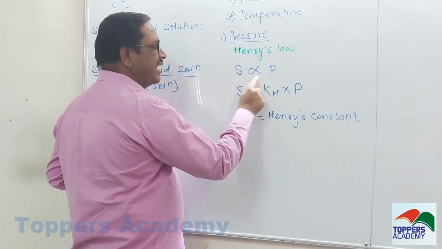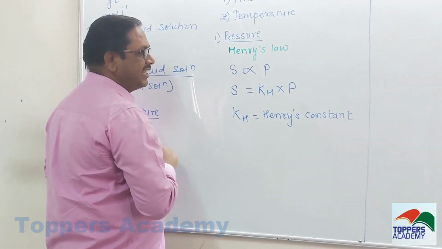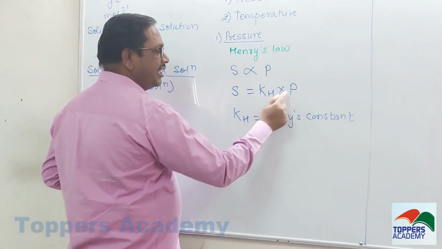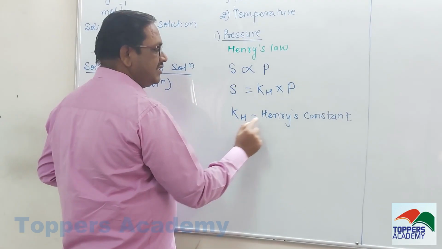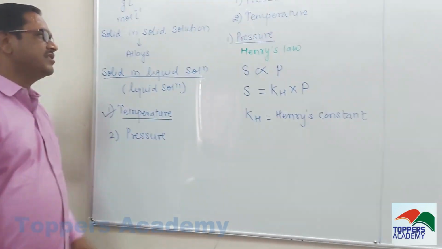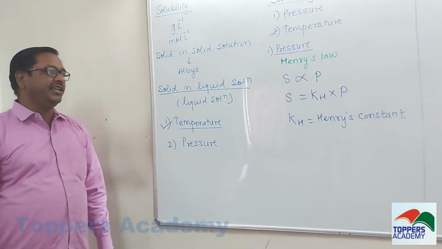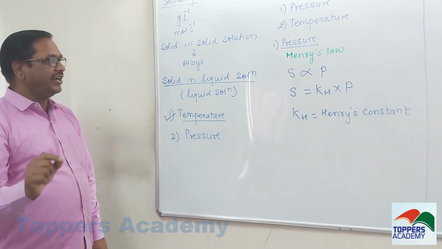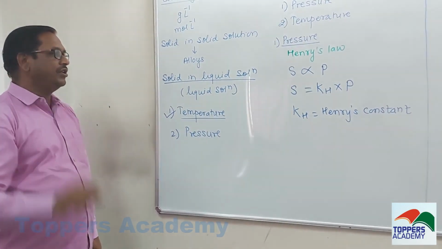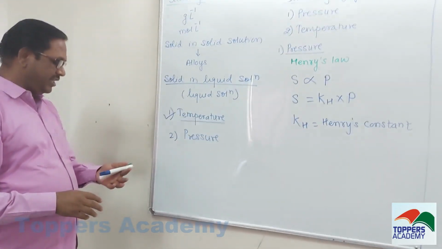Therefore S is directly proportional to P. By removing the proportionality sign, S is equal to Kh into P, where Kh is the Henry's constant. In this way, Henry's law states that at any constant temperature, solubility of gas in liquid is directly proportional to the pressure of gas.